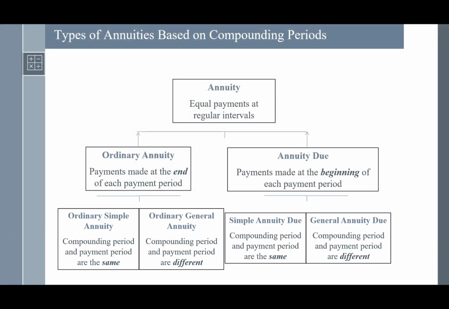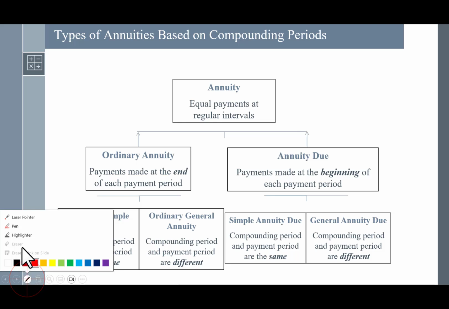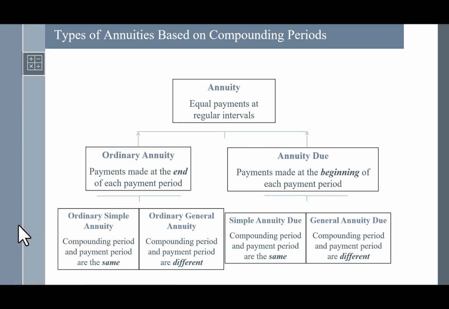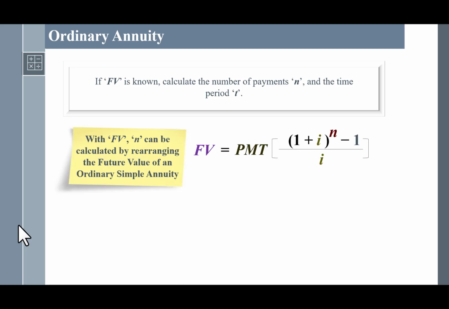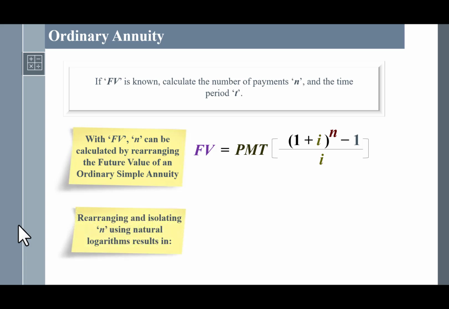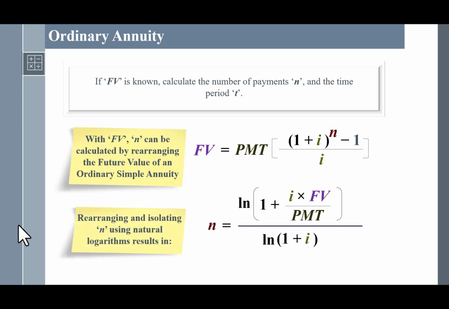One more time, remember that we have 4 types of annuity based on whether the payment is made at the beginning or the end, and whether the compounding and payment periods are the same or different. Similar to what we did with the PMT, finding N or T in this case is a little bit challenging because you have to figure out which formula to use: future value, future value for the annuity due, or present value.